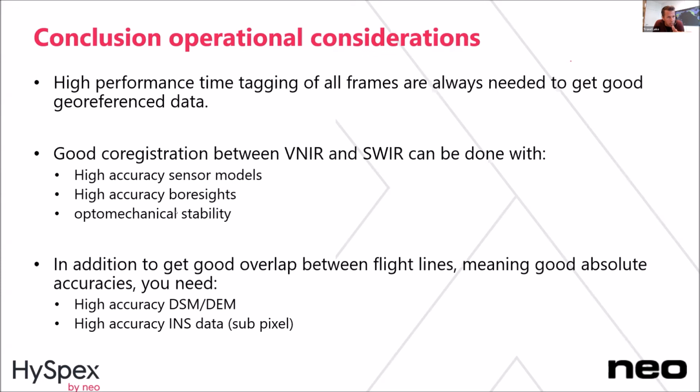But you don't need a high accuracy elevation model to do that. But if you want to have good overlap between flight lines, meaning good absolute accuracy on the GPS position, you also need a high accuracy DSM/DEM and high accuracy INS data, sub-pixel.